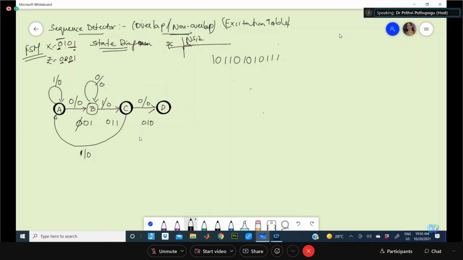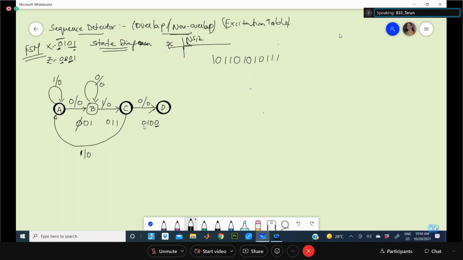Now say the last bit is 0. Here in the state D, the last bit you are getting is 0. Where should the next state transition be?